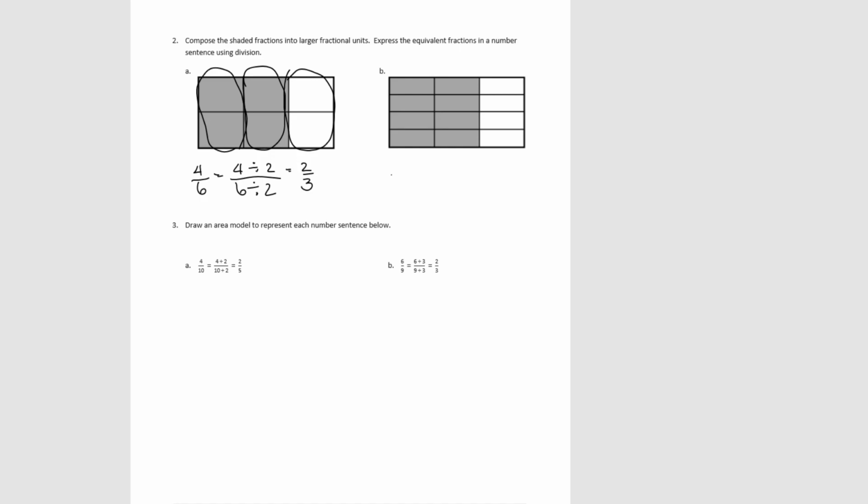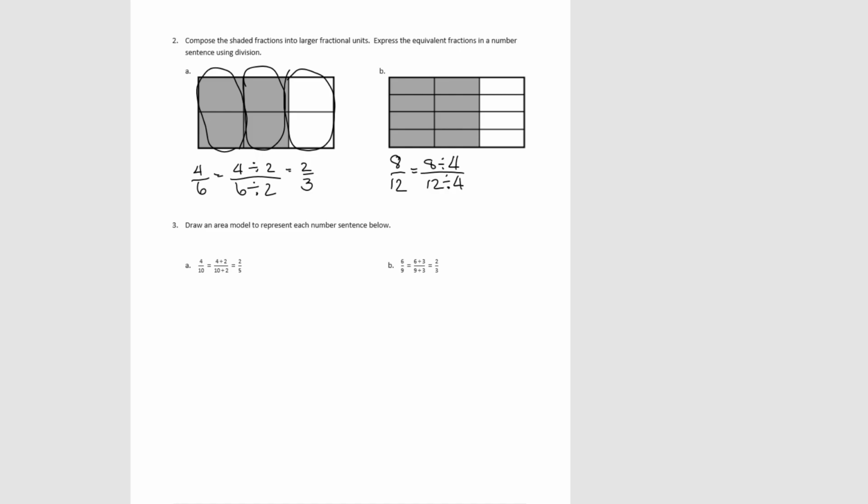So for B, we have 12 total units. 8 of them are shaded. So we want to simplify this. Now you can divide by 2 here. It doesn't say we need simplest form, so that's one possibility. But from our previous lesson, we remember that 8 and 12 both have factors of 4.